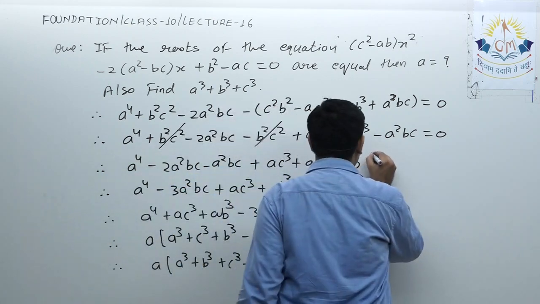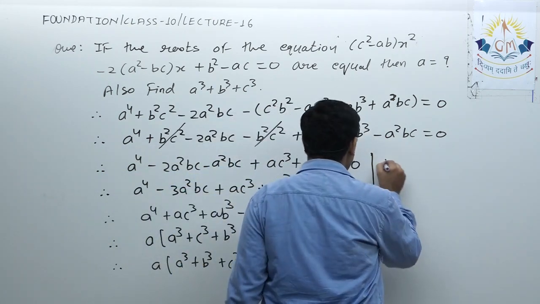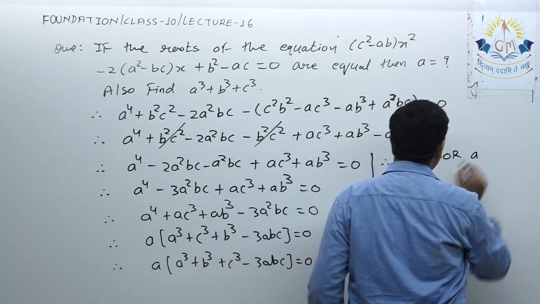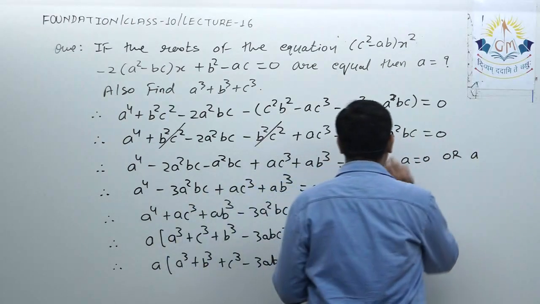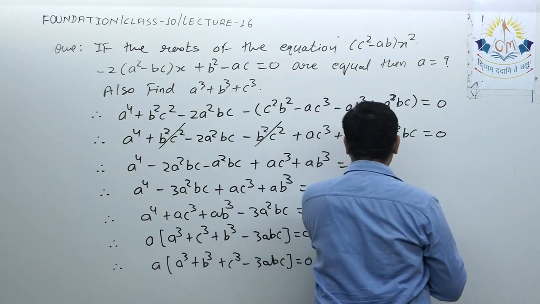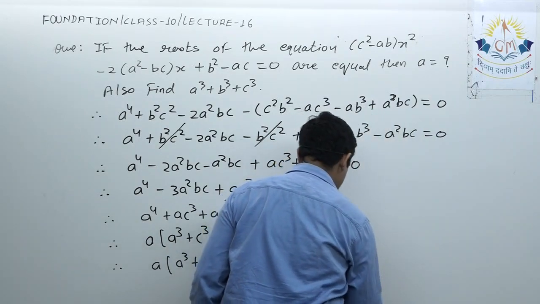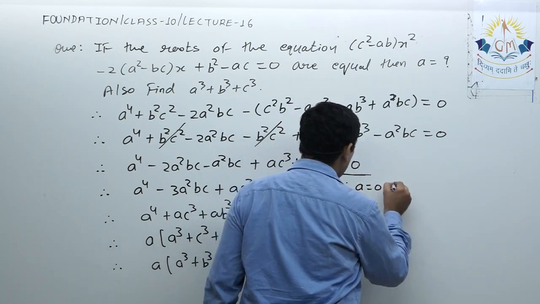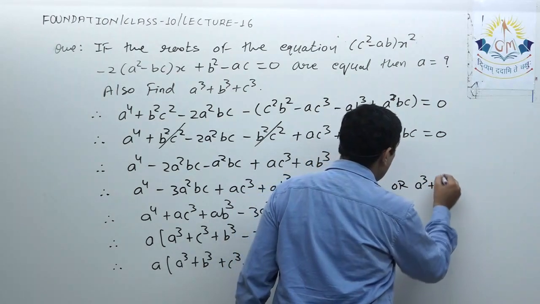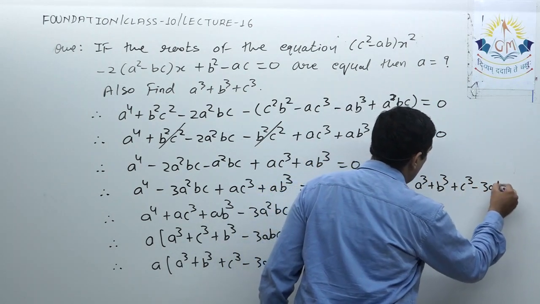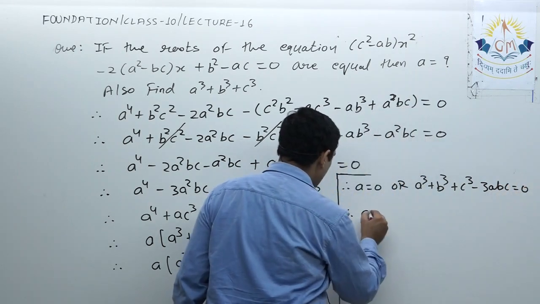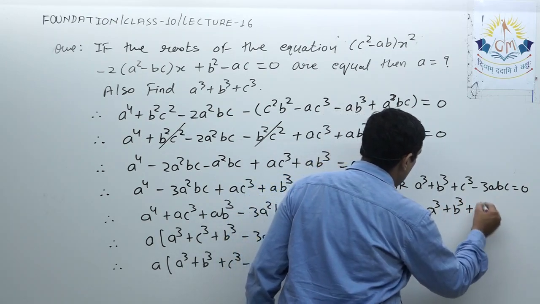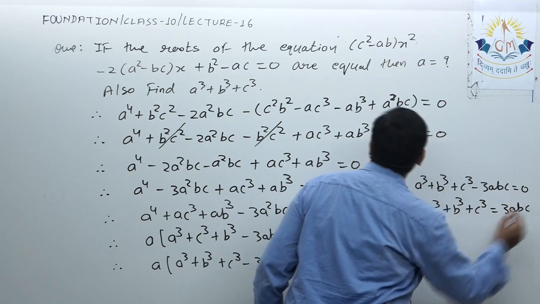Now here the product of two quantities is 0, therefore either a will be 0 or a cube plus b cube plus c cube minus 3abc is equal to 0. Therefore a equal to 0 or a cube plus b cube plus c cube is equal to 3abc.